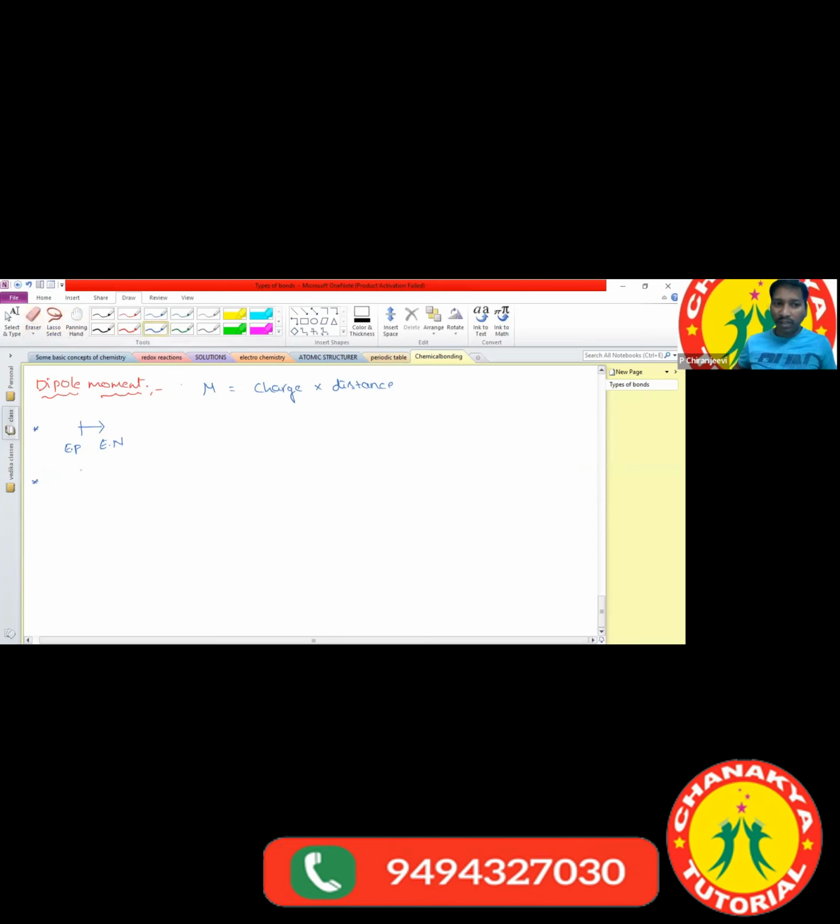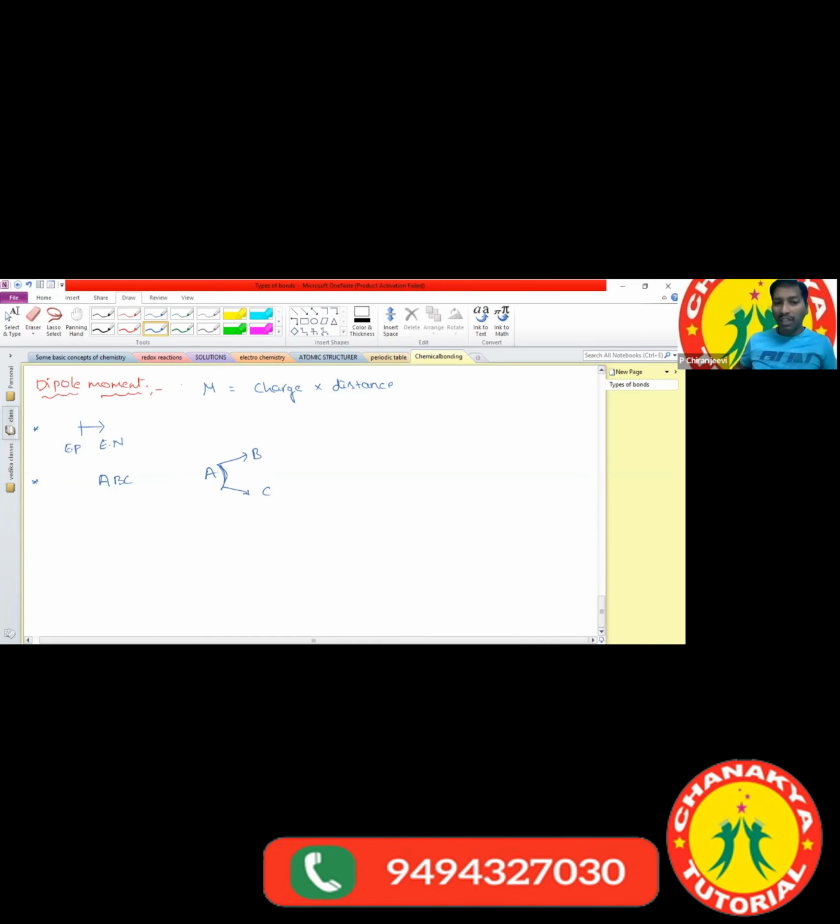Take a triatomic molecule, ABC, where the central atom is A. A is connected with B, and at the same time A is connected with C. The angle between the two bonds is called the bond angle.